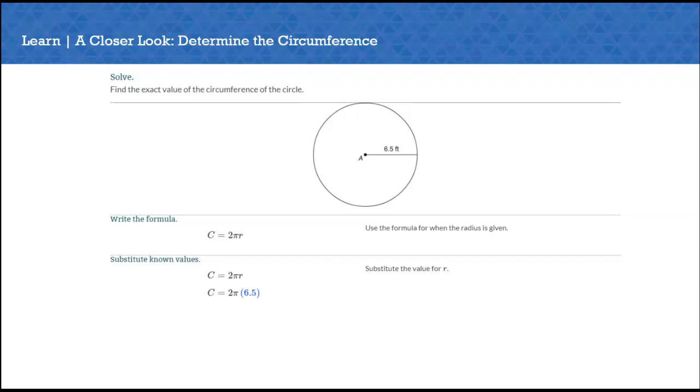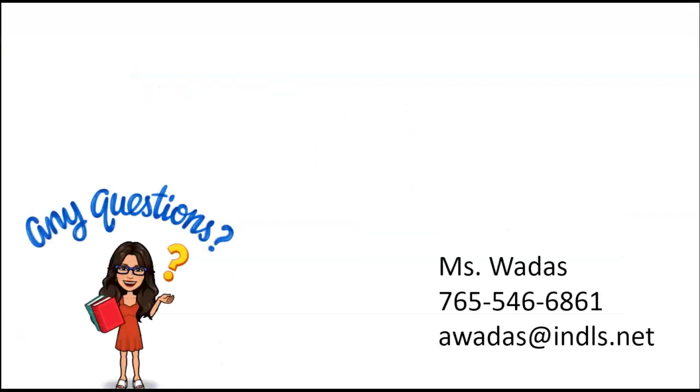We're going to keep pi right where it's at. Look what happens. So 2 times 6.5 is 13, and we're going to use pi in our exact answer. That's why you'll see exact value or in terms of pi used for the same thing. Circumference equals 13 pi, and this is the exact value, 13 pi.